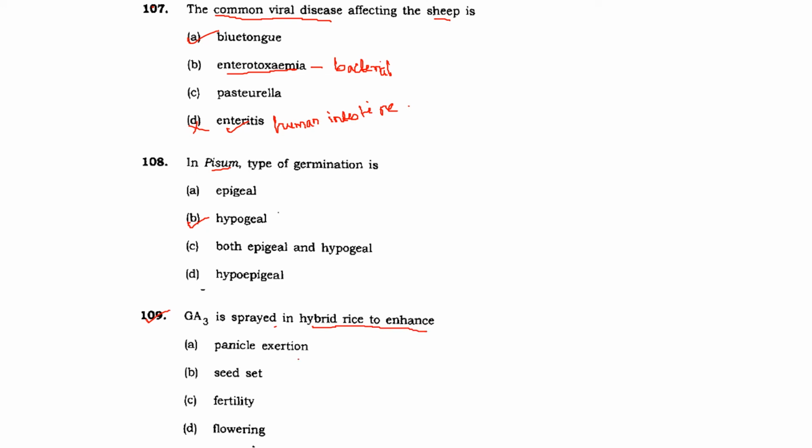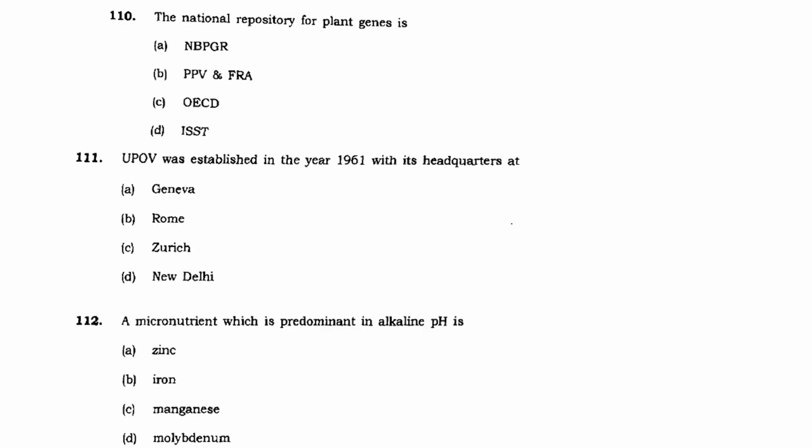Panicle exertion, the seed set, the fertility, or the flowering. For GA3, it will always be in the seed germination or in flowering. It is used, so it will be the seed set.